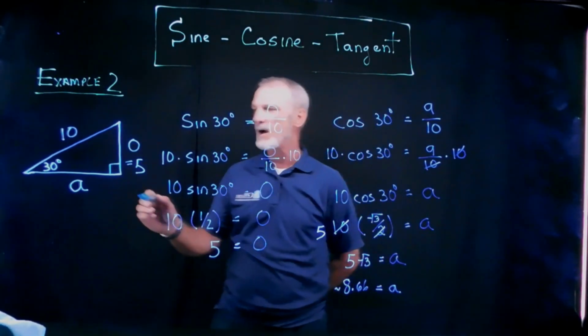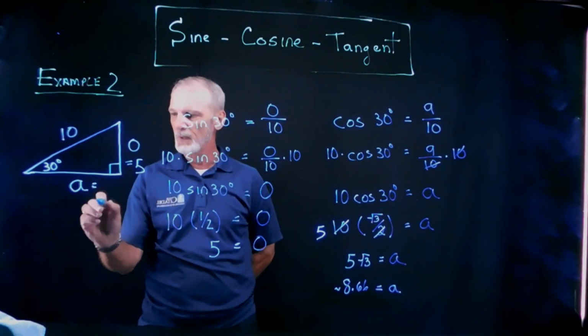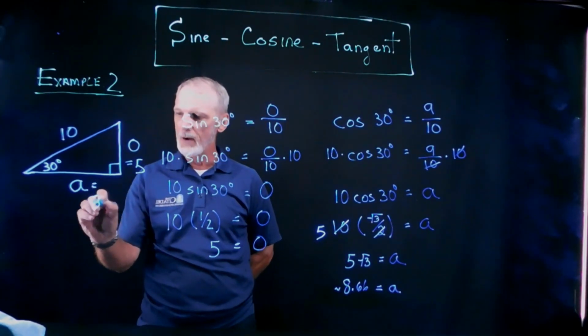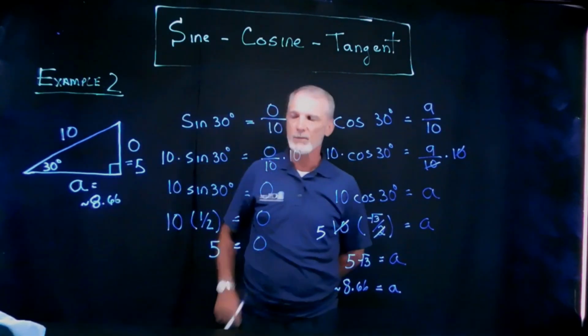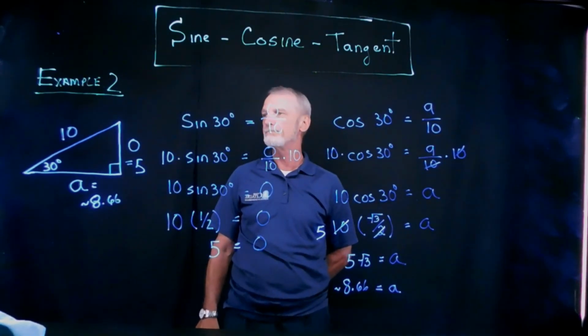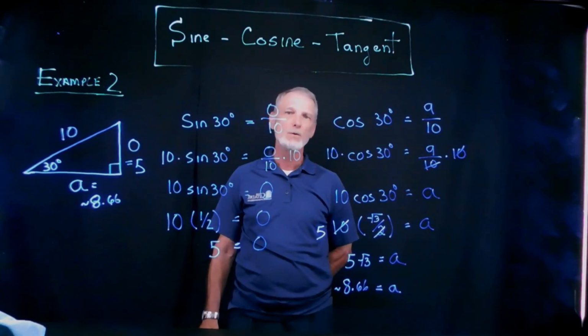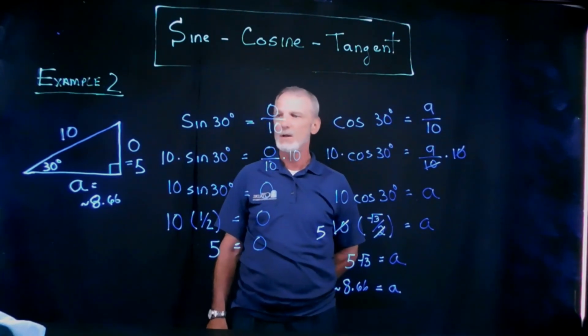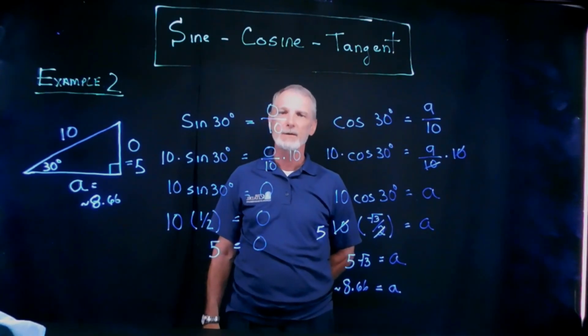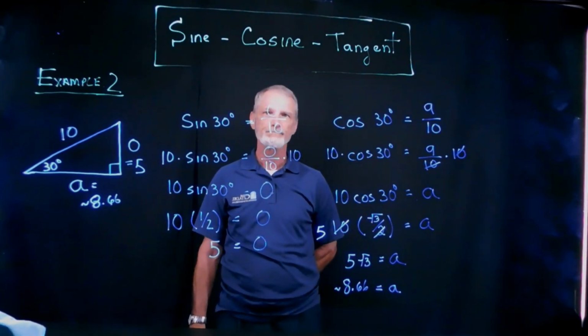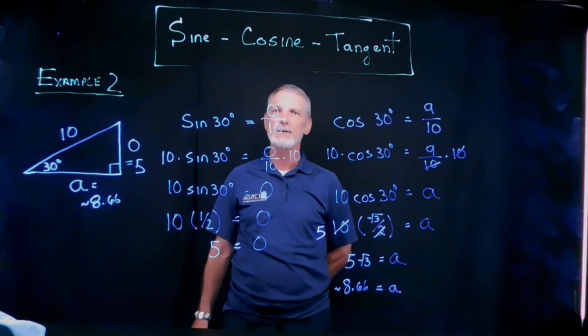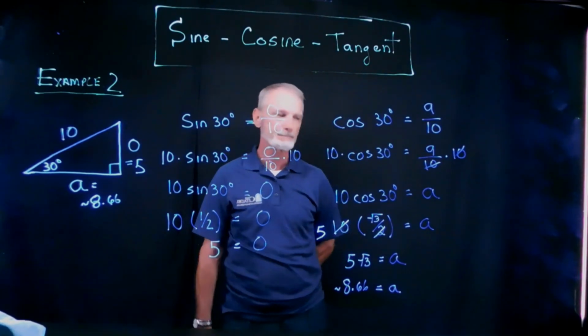So the adjacent side is equal to about 8.66, or 5 times the square root of 3. So that's how we can use the sine and cosine functions to find an unknown side of a triangle. So let's do one example now that has an engineering application.